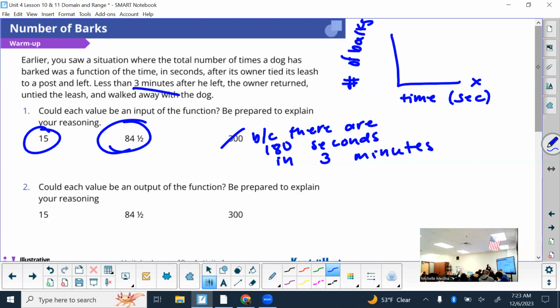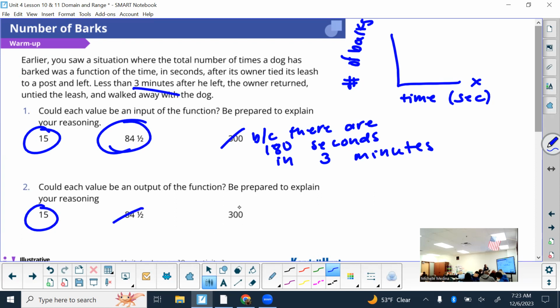The y, good. So in this situation, what did we say had to go on the y-axis? On the y-axis? Okay, so could I have 15 barks? Could I have 84 and a half barks? No. Could I have 300 barks?